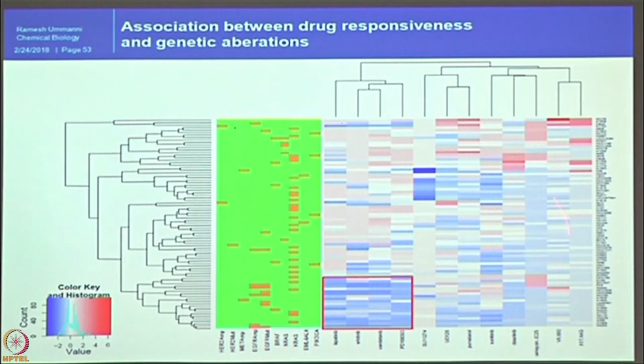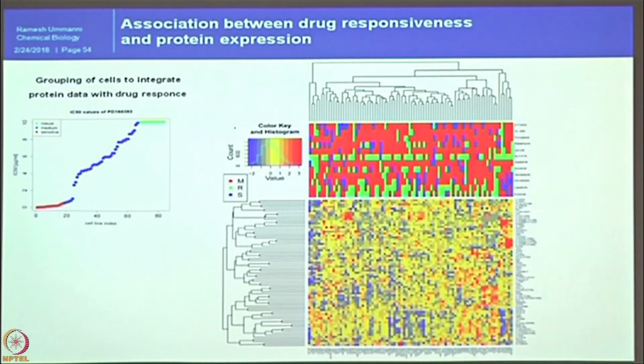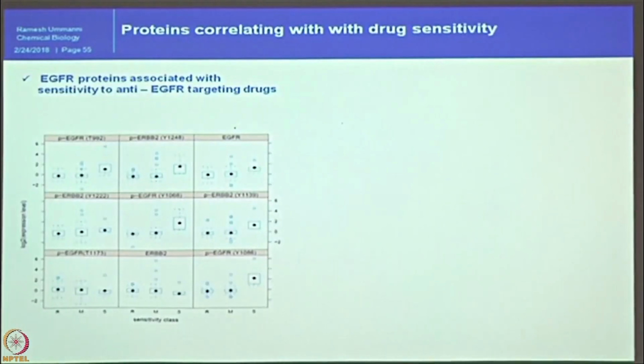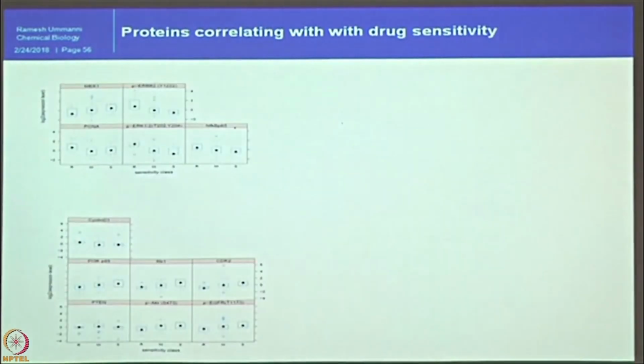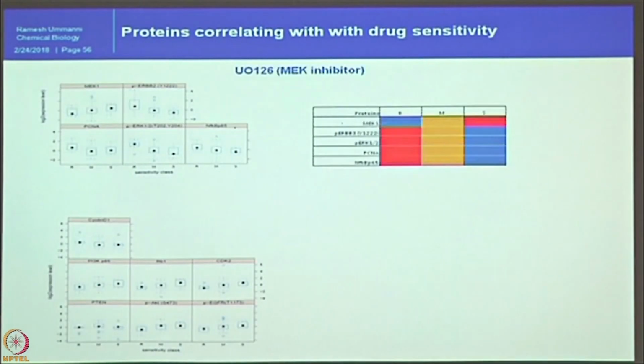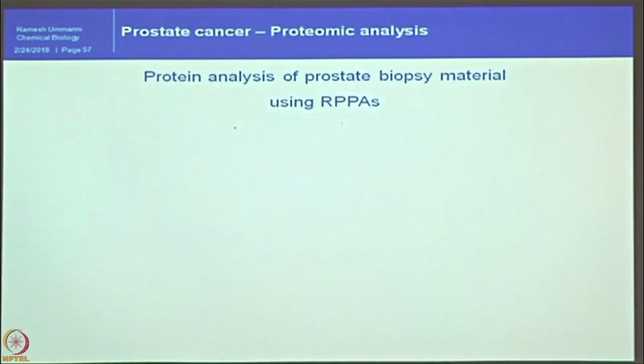Now, can we establish some new prediction markers using the other data set? Using this we also established other data sets, and in this case it is nicely aligning here. Further, we established a set of markers for all the drugs we screened for their IC50 values against 84 different cancer cell lines. So this is a way we have established.